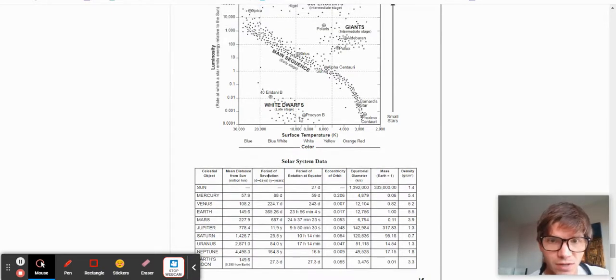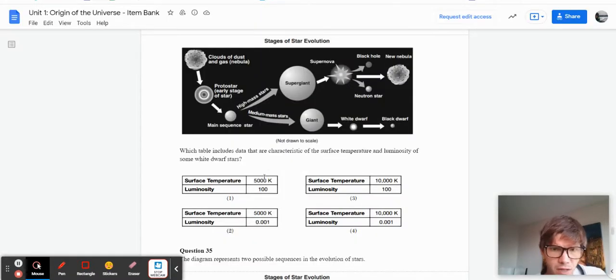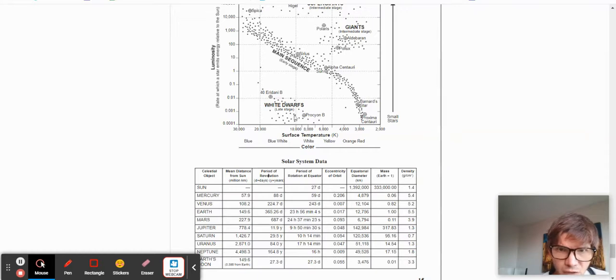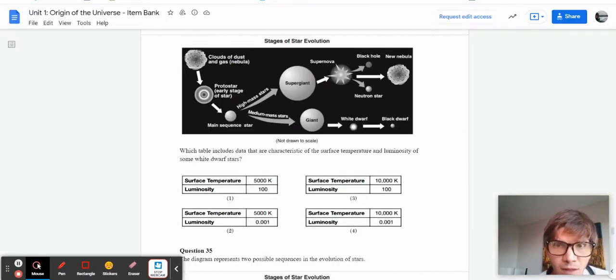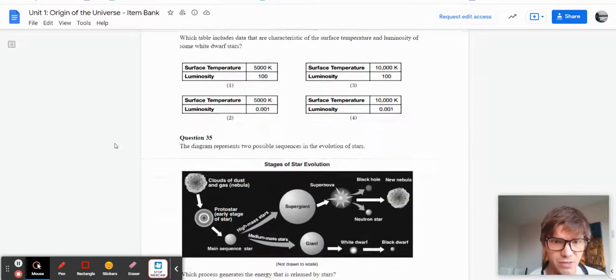Well, white dwarf stars are going to have a high surface temperature of about 10,000 Kelvin to 20,000 Kelvin, and a much lower luminosity, about 0.001 luminosity. So the best option here would have been choice 4, surface temperature of around 10,000 Kelvin, right? So right around here, luminosity of about 0.001. Choice 4 would be the best answer for that.